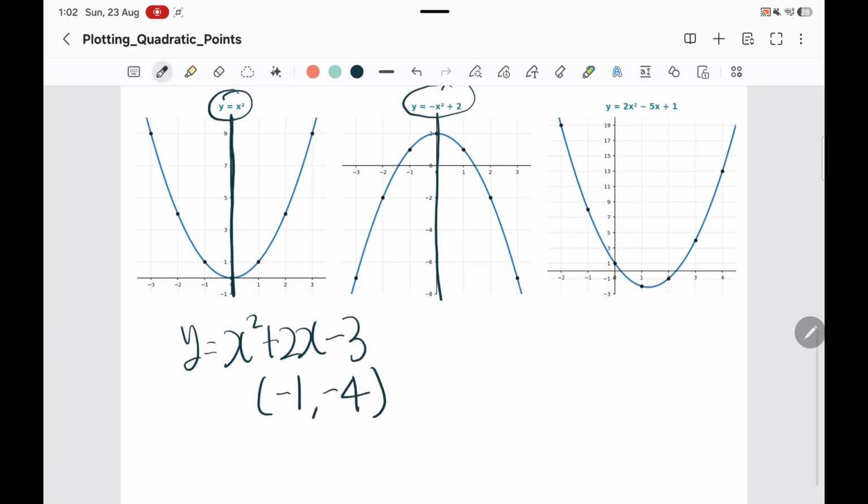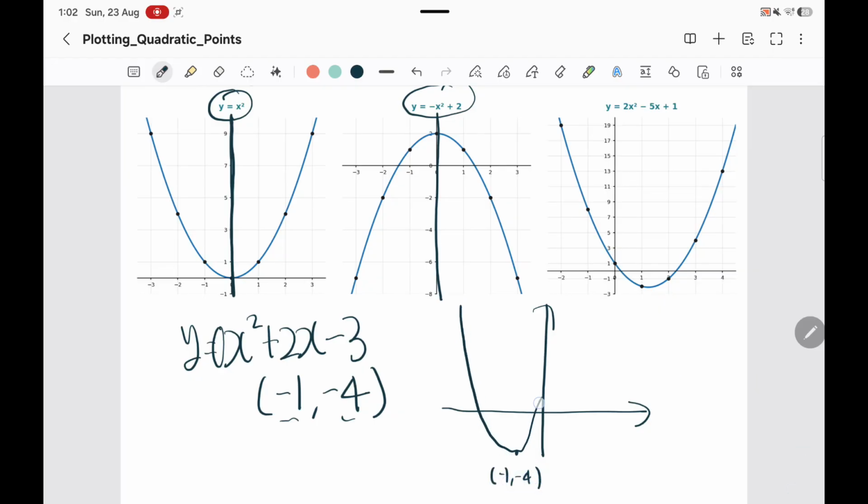So if you know the vertex, and the coefficient of x squared is a positive number, then it's really easy. Just find the point -1, -4 here, and then you just draw a parabola.